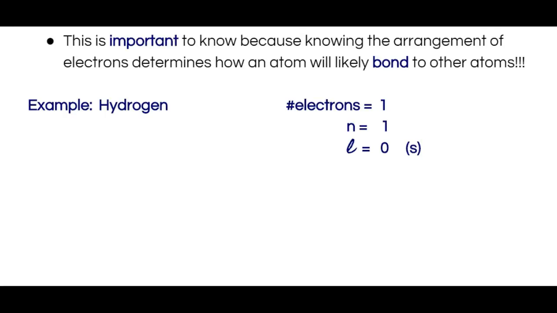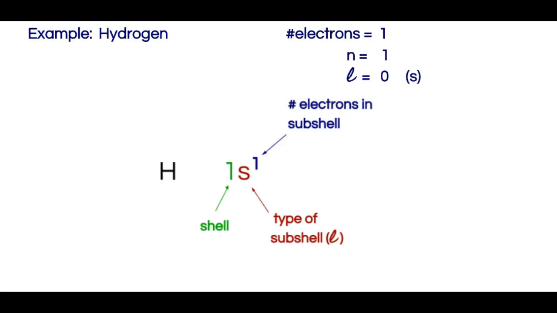And so now I have all of the information that I need to write out the electron configuration in an appropriate format for hydrogen. This is how it works. Knowing this information, I'm going to begin filling that s orbital. So I would write the element symbol here to the left.